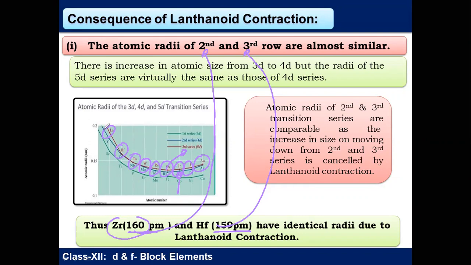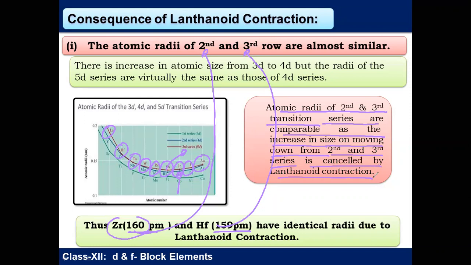Atomic radii of second and third transition series elements are comparable. Why are they comparable? Because the increase in size on moving down from the second to the third transition series is exactly compensated by lanthanoid contraction.